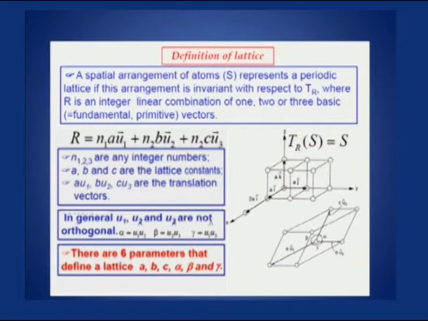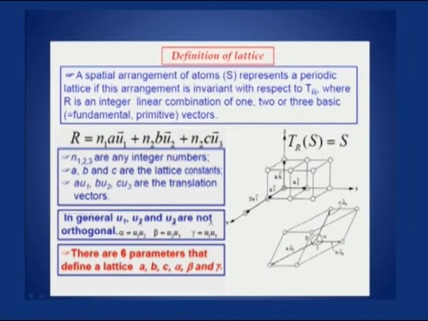So, there are 6 parameters that define the unit cell of a lattice, right. In general, you can call this the unit cell of any lattice. What are the 3 important variables?